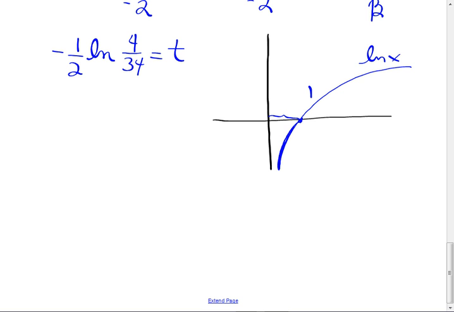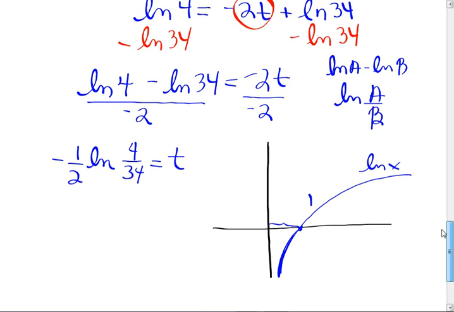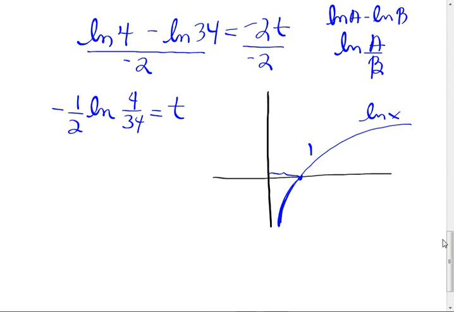It's negative. You could manipulate that in a lot of ways. You could take the negative and divide that through, so it's 1/2 times the log of 34 minus the log of 4. Then you'll be happier. Why is this a negative number? Log of 4 is much smaller than the log of 34.